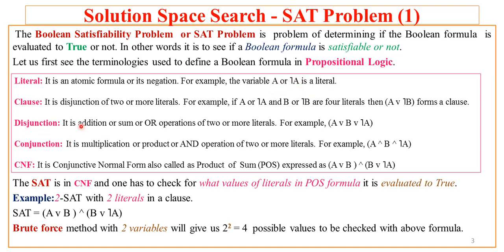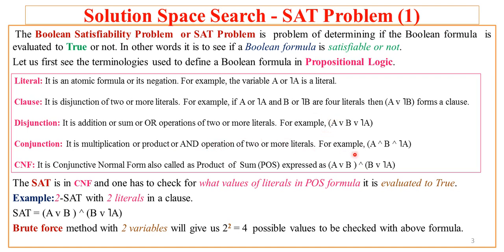What is disjunction? It is addition or sum or the or operation of two or more literals. For example, we have literals A, B, negation of A and negation of B. Then one can have a disjunction of literals, for example, A or B or negation of A. What is conjunction? It is multiplication or product or the and operation of two or more literals.